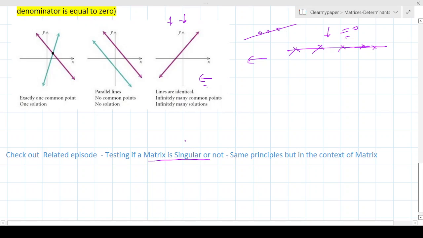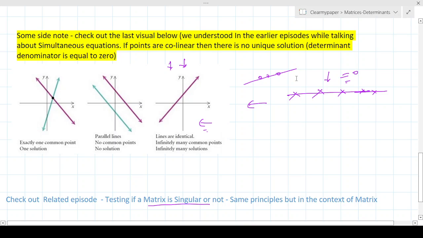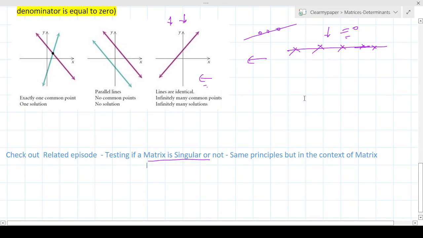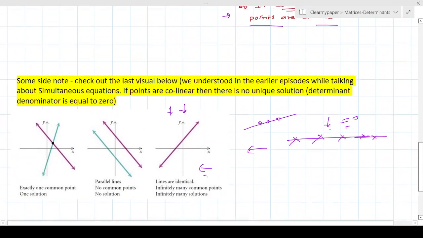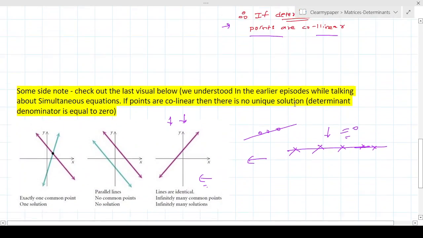In this case, we're talking about if the determinant is 0 or not, but there's another concept of singular and non-singular, which I'll talk about in a different episode. There we'll also use the same concept of finding the determinant and seeing if it equals 0, and then we'll prove if the matrix is singular or not. So check out that also, which will be handy for you, and it will be a natural segue to understand from here to there.